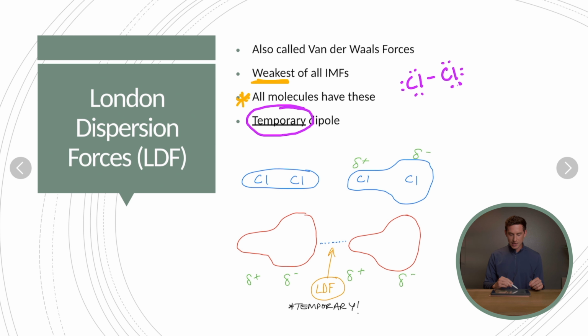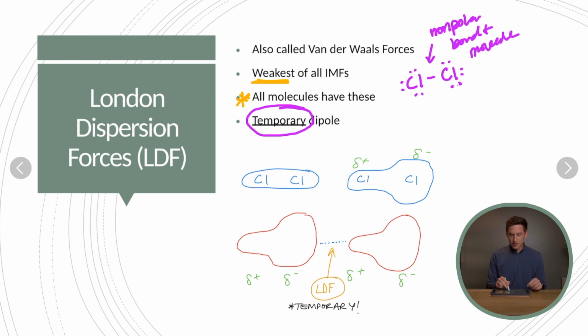What you'll see is neither chlorine is more electronegative than the other chlorine, which means there is no dipole here. Technically speaking, this is a non-polar bond and molecule.